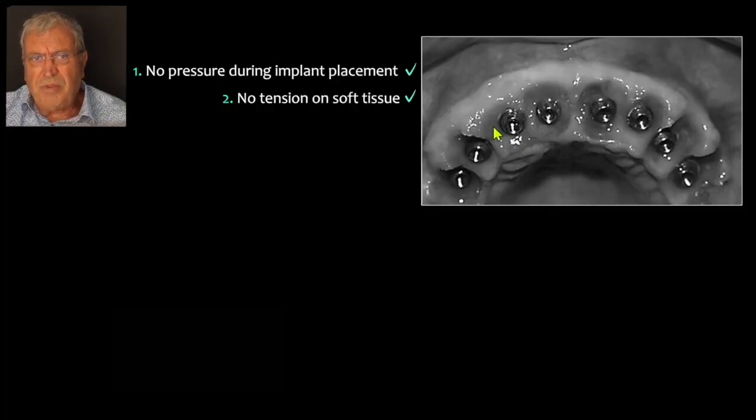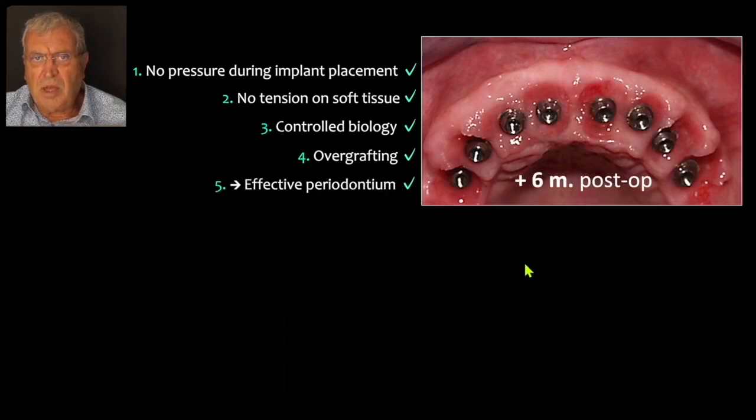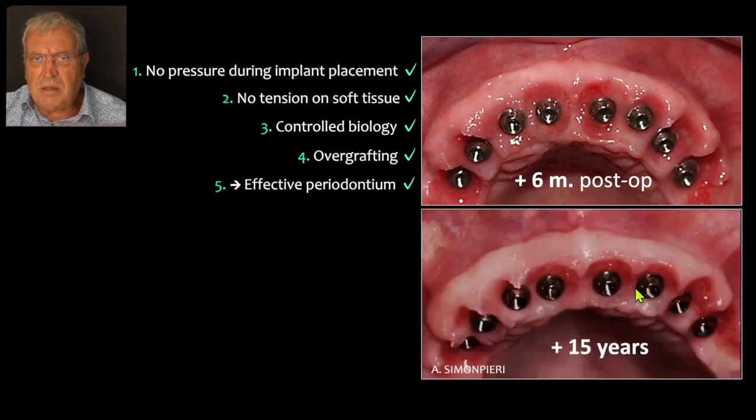No pressure with implant, no tension, controlled biology, overgrafting, and then at 6 months, we have a very good periodontium. Effective means sick. What will happen in the next 15 years? Nothing.